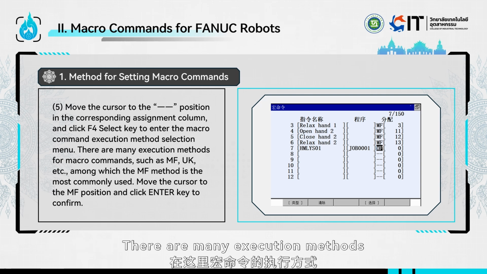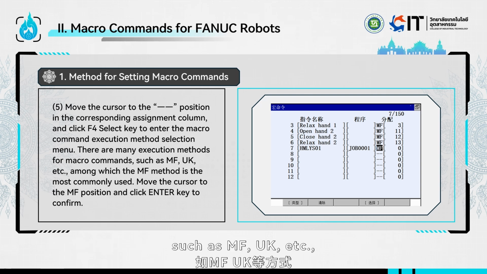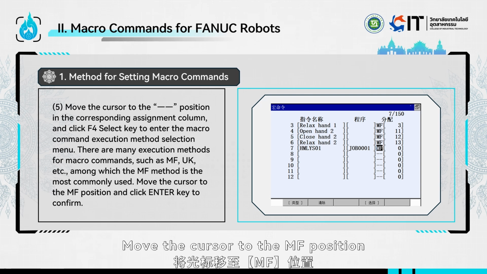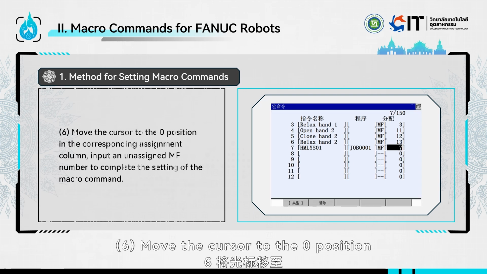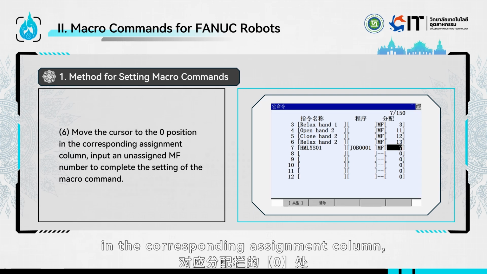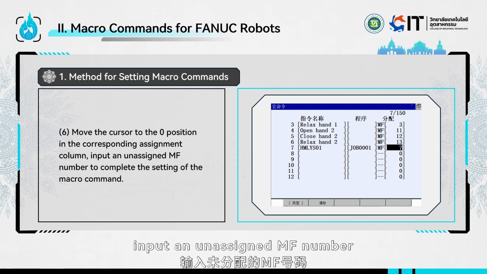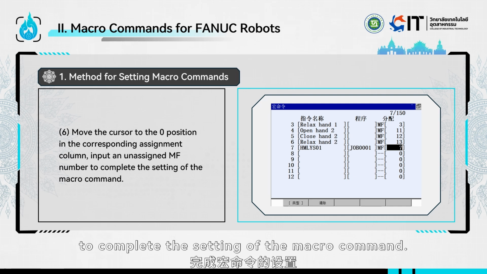There are many execution methods for macro commands, such as MF, UK, etc., among which the MF method is the most commonly used. Move the cursor to the MF position and click Enter key to confirm. 6. Move the cursor to the 0 position in the corresponding assignment column. Input an unassigned MF number to complete the setting of the macro command.